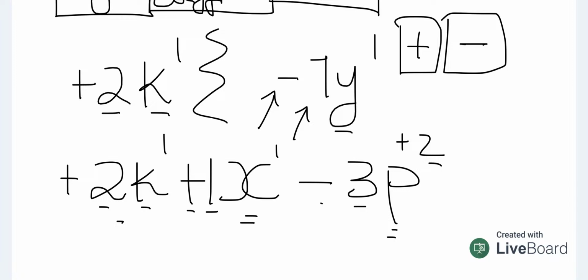Remember, this is the coefficient of that letter. So just always be aware that when you are given a term, it will be in that format of the sign, the number, the letter, and an exponent. Unless it's a constant, which is just a number not attached to a letter.